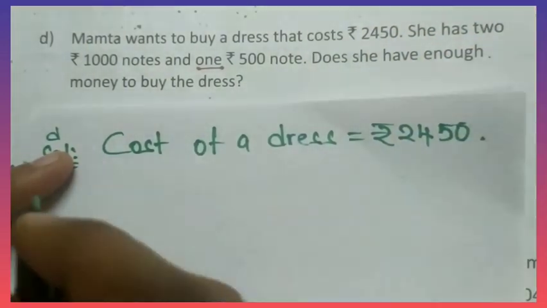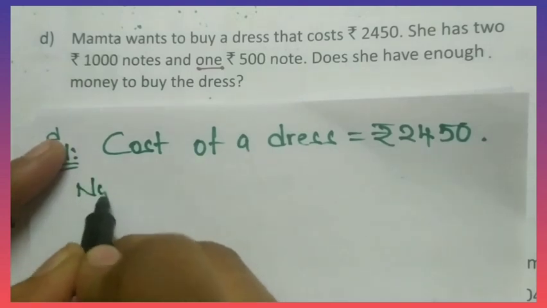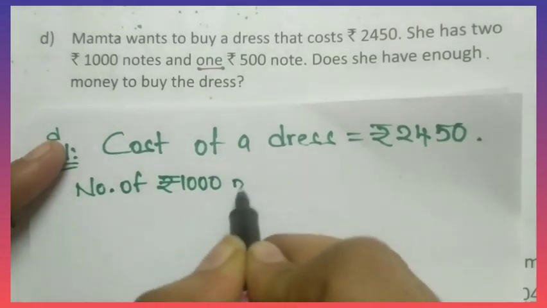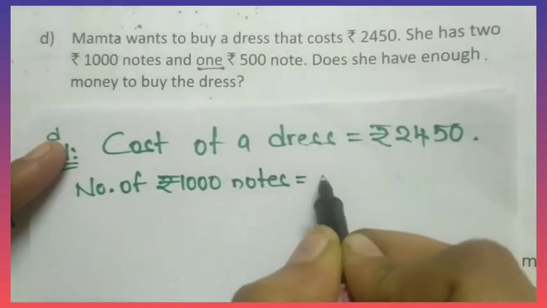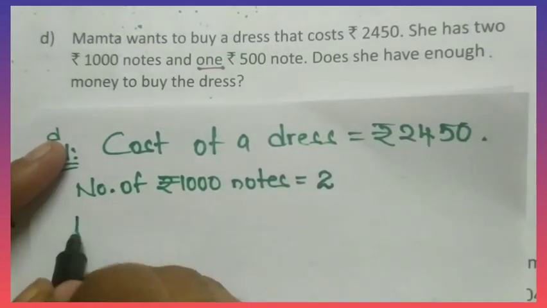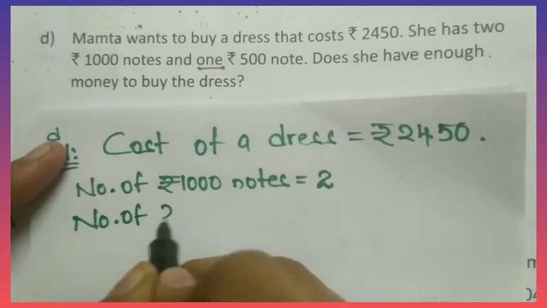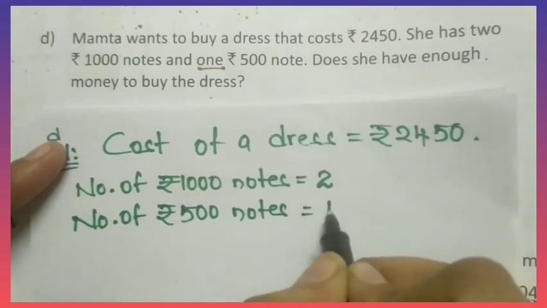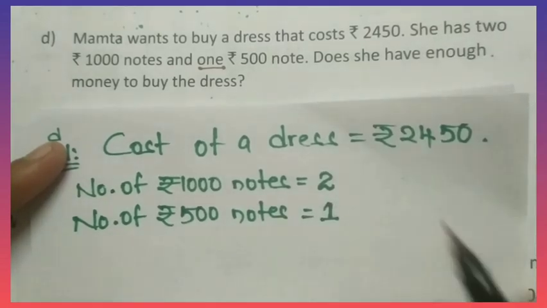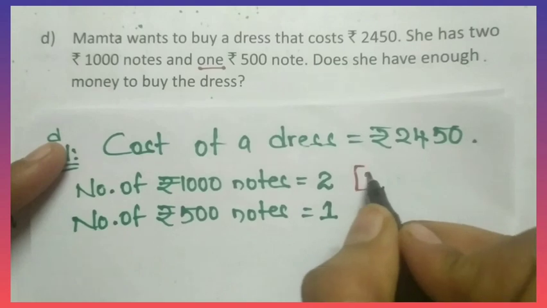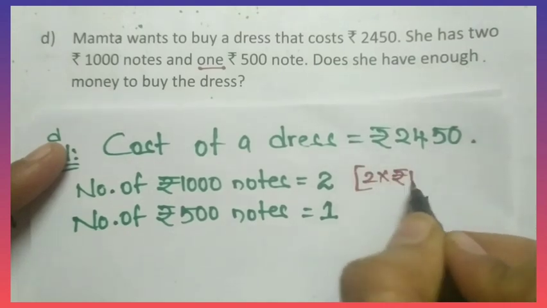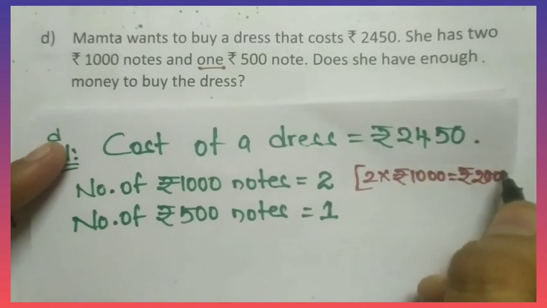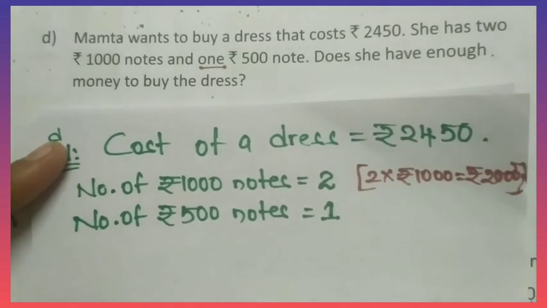She has two 1000 rupee notes. So number of 1000 rupee notes, how many are there? 2. Number of 500 rupee notes, how many are there? 1. So we'll calculate this. Two 1000 rupee notes means 2 into 1000, so we'll get 2000. She has 2000 rupees.